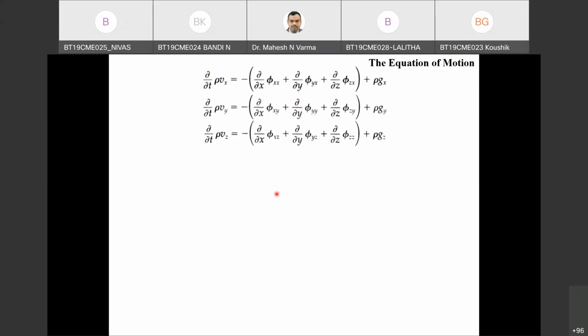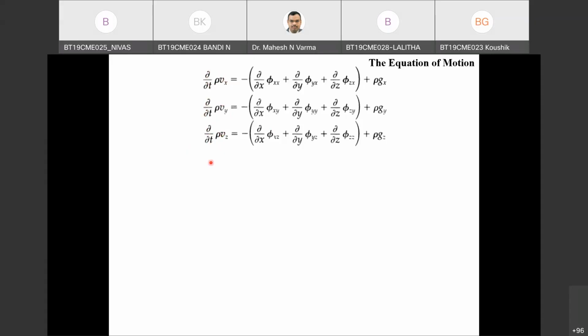You will need at least 6 boundary conditions for Vx, 6 for Vy, 6 for Vz, and with respect to time, 1 boundary condition each for Vx, Vy, Vz. So in all, to solve this you need 21 boundary conditions if Vx, Vy, Vz are varying in all three directions.